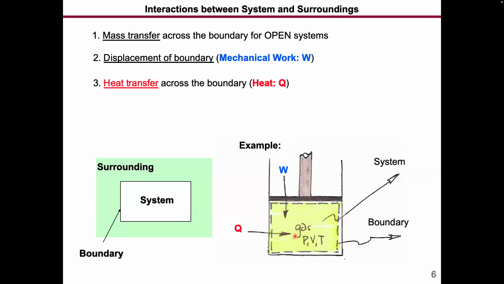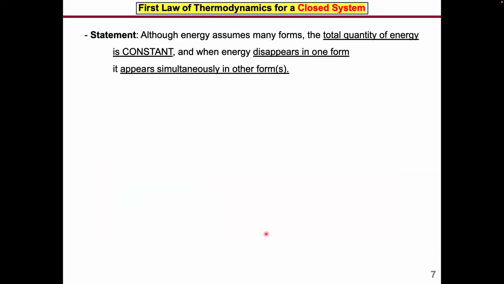So you can have some Q, or heat transfer, okay? All right, so now if there is a perfectly insulating boundary, then usually we call it an adiabatic system or adiabatic process. When we talk about adiabatic, then Q is equal to 0, okay? So no heat exchange between the system and the surrounding. So it's an adiabatic system, okay?